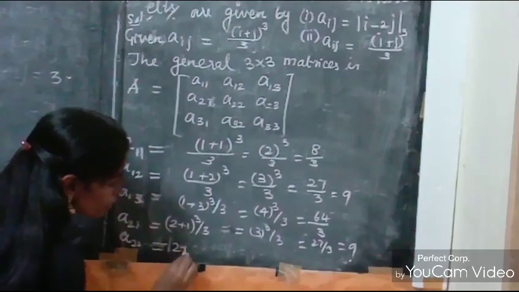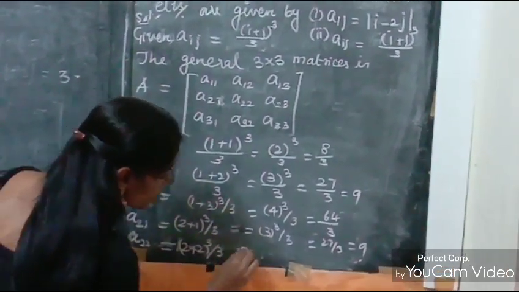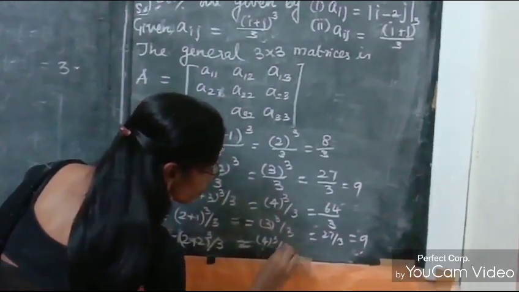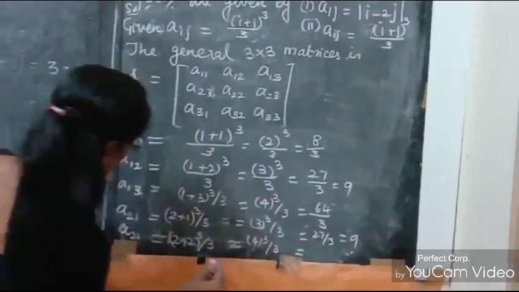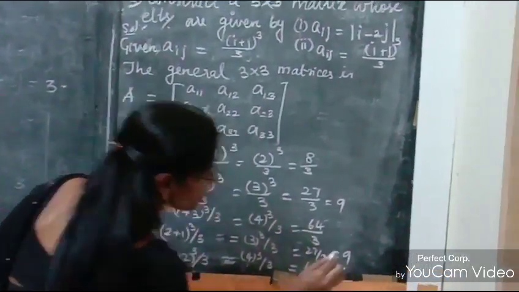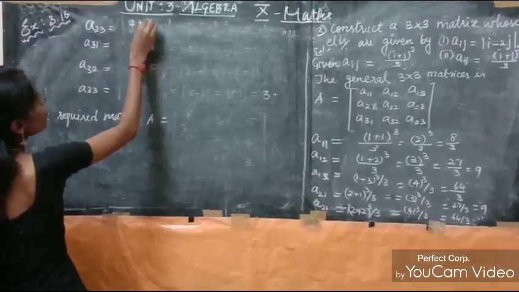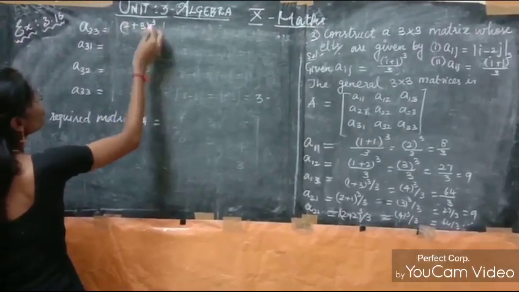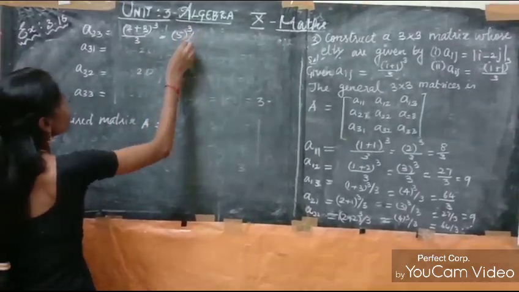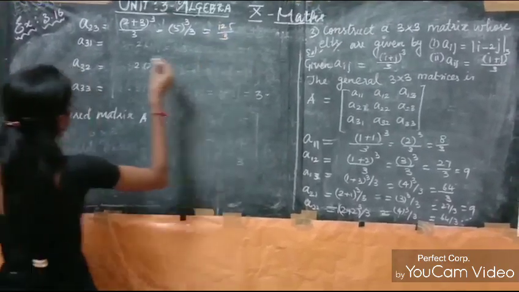A22. 2 plus 2 whole cube divided by 3. 4 cube by 3. A23. 2 plus 3 whole cube divided by 3. 5 cube divided by 3. 5 cube is 125, divided by 3.